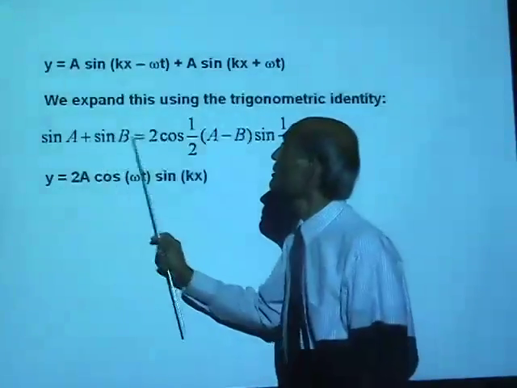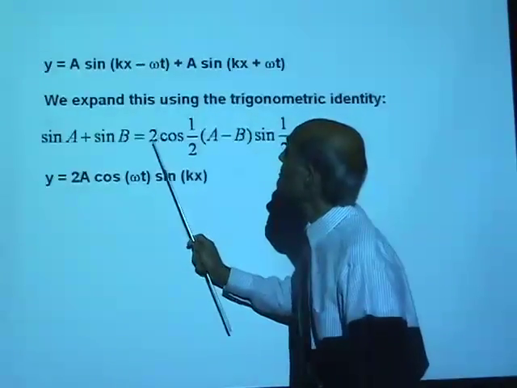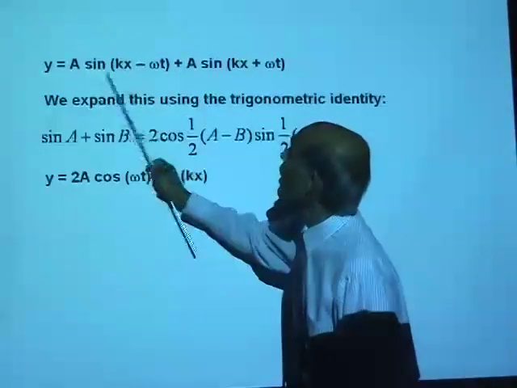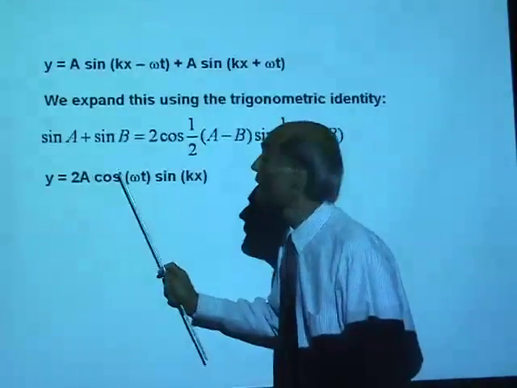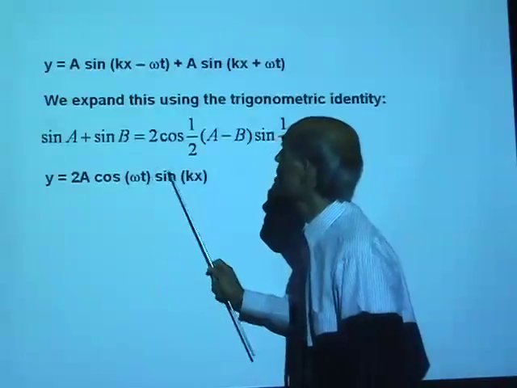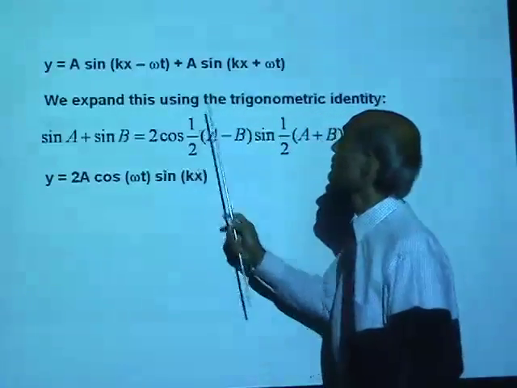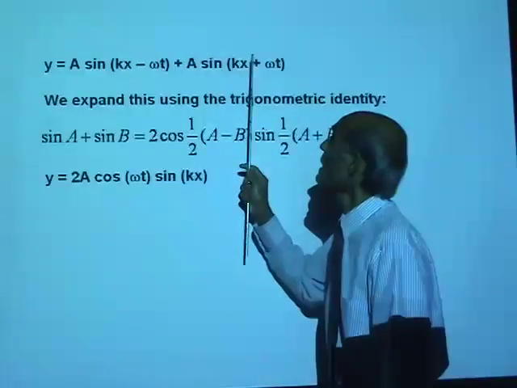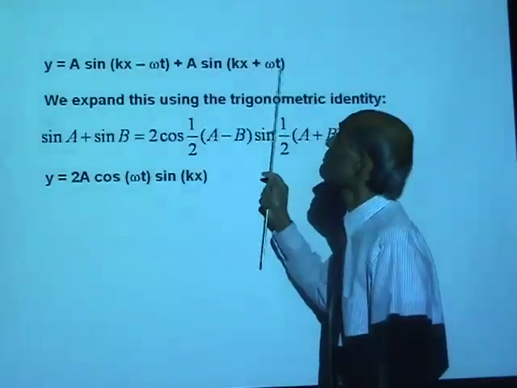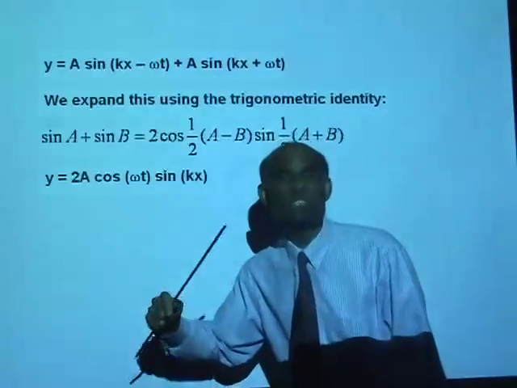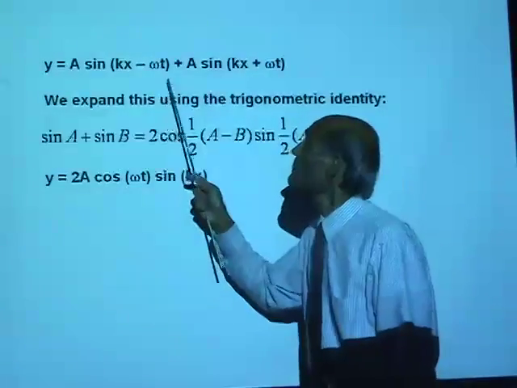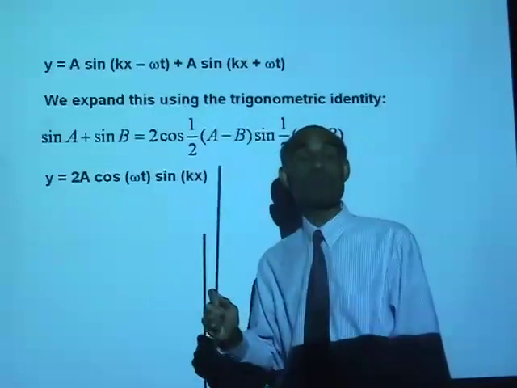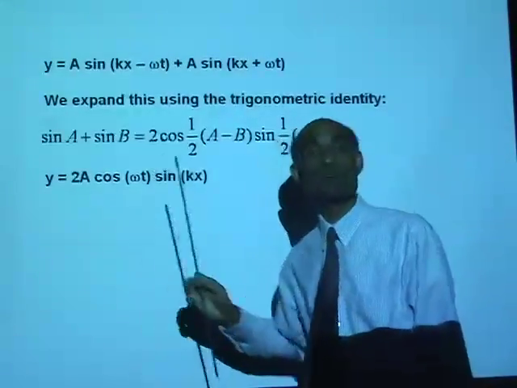So when you add them, you get 2A, this A will be common that comes out, that will be 2A cos omega t sine kx. Is that right? If you subtract kx minus omega t minus kx minus omega t, will be negative omega t. Is that right? 1/2 of negative 2 omega t will be negative omega t.